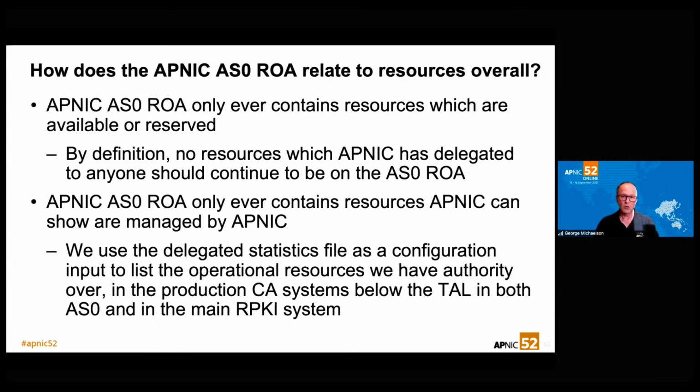And that's all we use AS0 to mark in this system. Secondly, we don't make AS0 statements for any other RIR's ranges. We only make statements for ranges APNIC can show is in APNIC's system of registration and delegation. Again, things that are listed in the delegated stats files or in the IANA registry or in transfer logs.